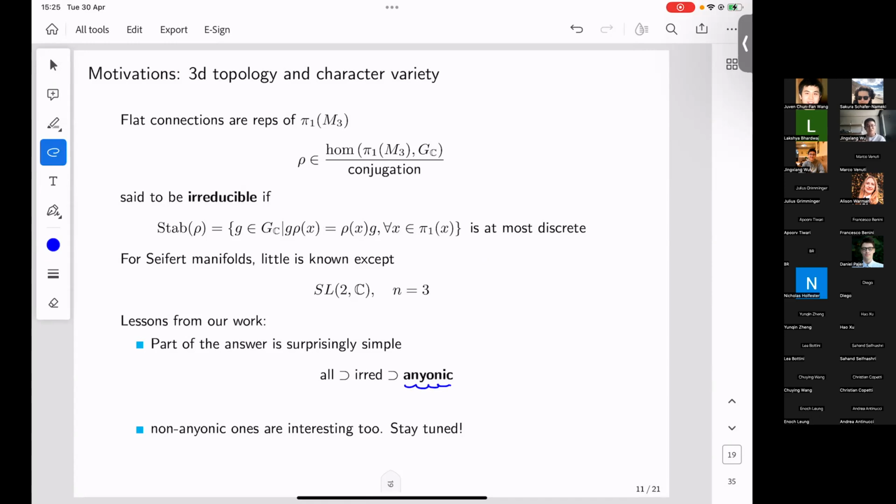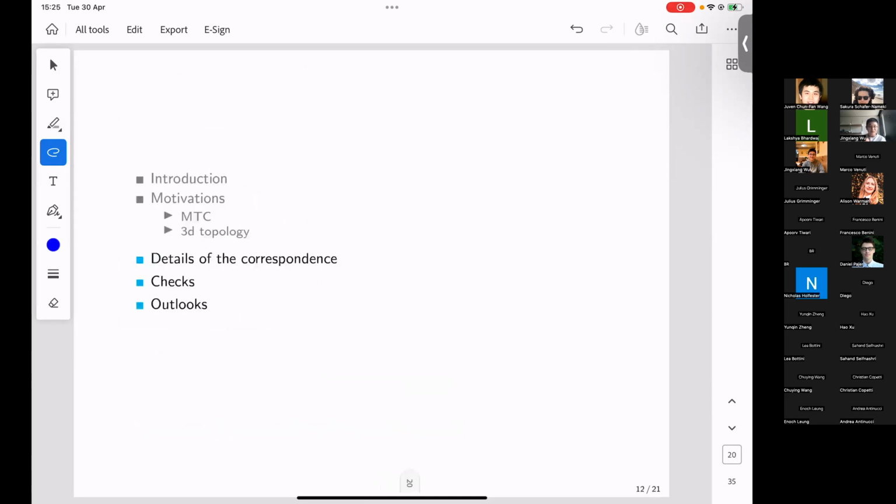So we can use our knowledge of MTCs to say what the space of flat connections is. Of course, we're also interested in non-anionic ones, but that's work in progress. So that's the motivation and background. I'm going to move into the details of the correspondence, if you have any questions.